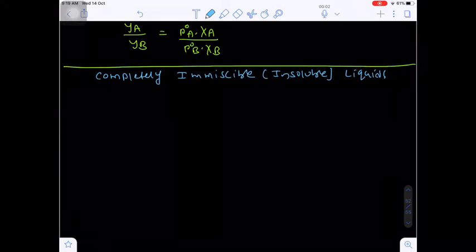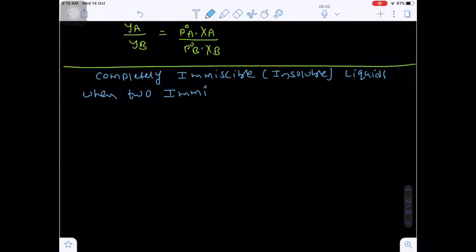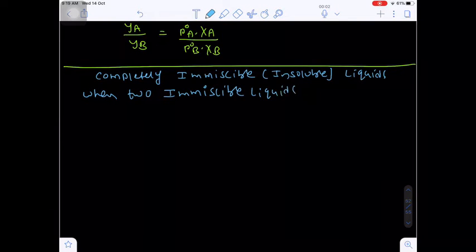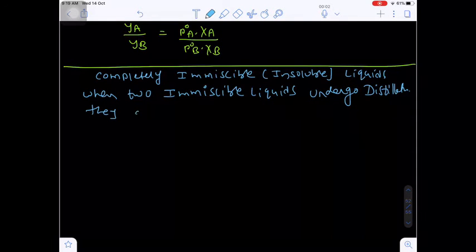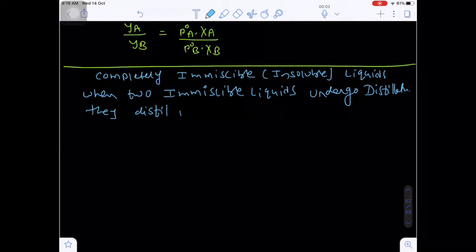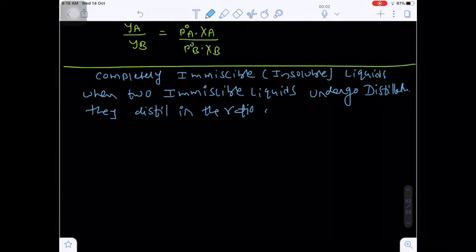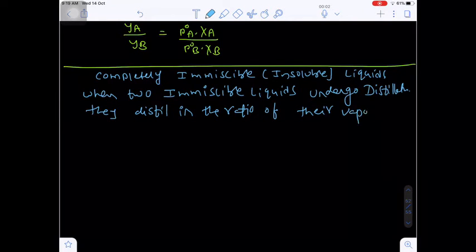Now generally, when two immiscible liquids undergo distillation, what happens? They distill in the ratio of their vapor pressures at that temperature.